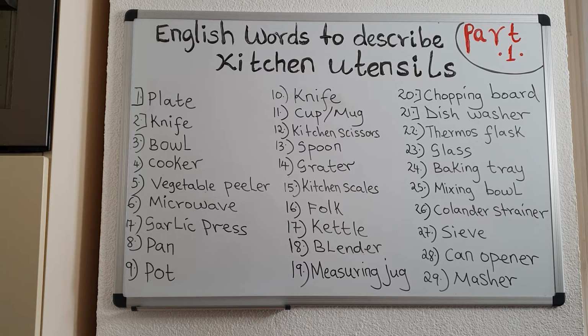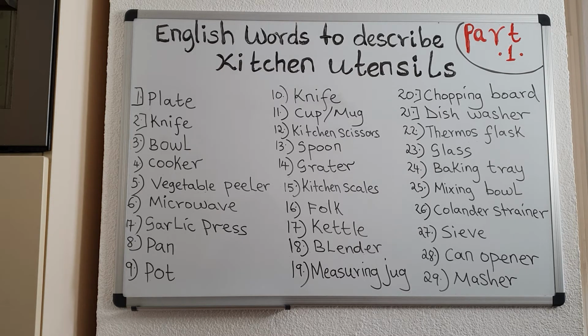Okay, the next one is vegetable peeler. You use this to peel your vegetables. For example, carrots. If you want to remove the skin, then you use a vegetable peeler. Some people use a vegetable peeler to peel potatoes.